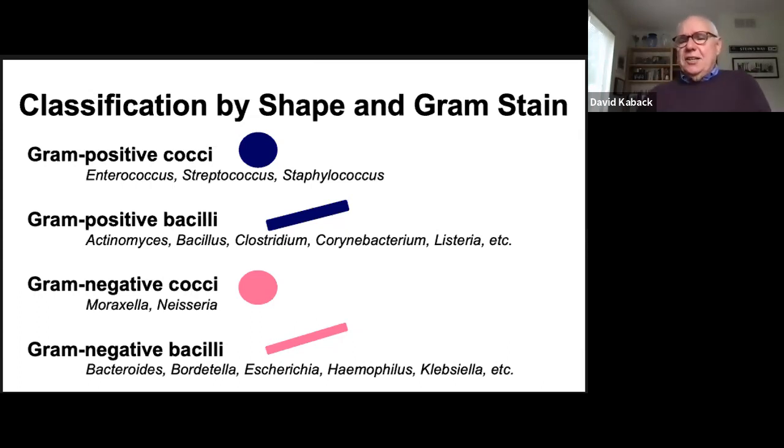That tells you immediately, if you're a microbiologist, that a gram-negative bacillus from a lung infection is a good possibility that they might have something like Haemophilus.